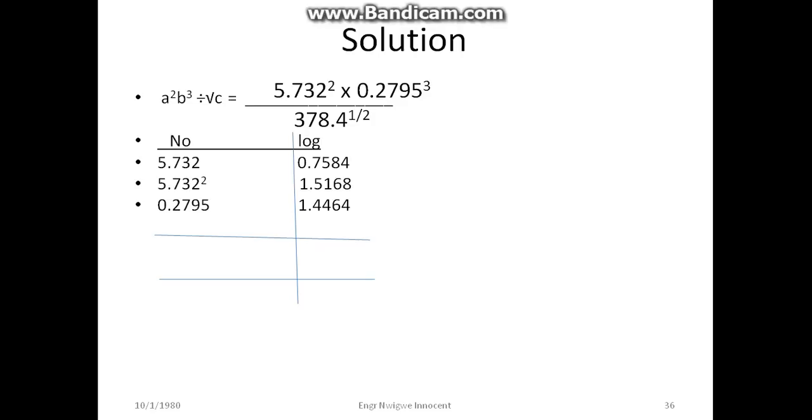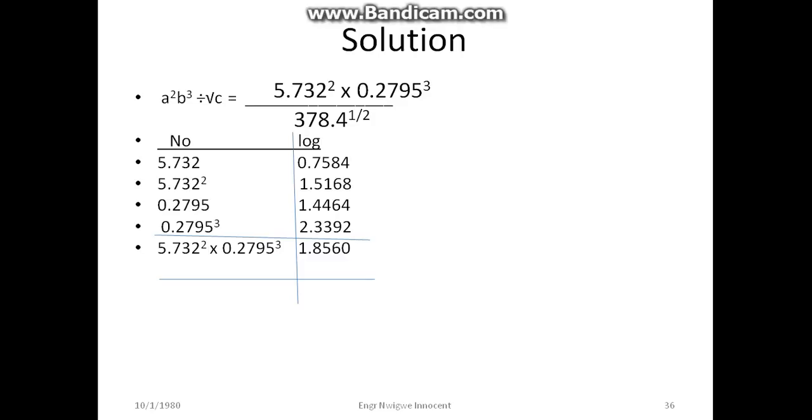Therefore, 1.4464 cubed will give us 2.3392 as the cube of 0.2795. Therefore, we subtract 1.5168 from 2.3392, which will give us 1.8560.